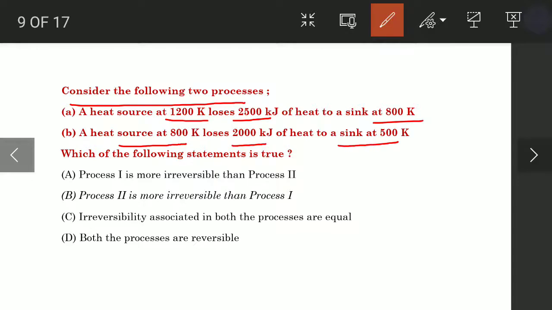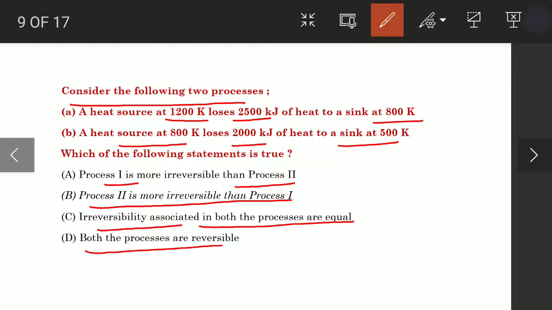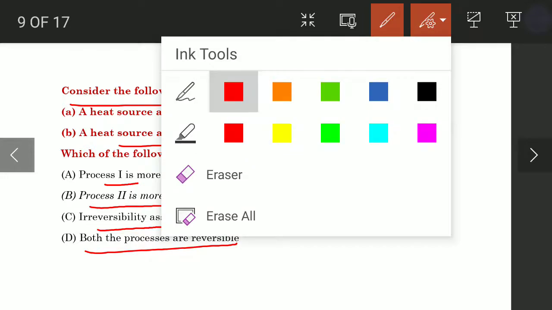Which of the following statements is true? Process 1 is more irreversible than process 2. Process 2 is more irreversible than process 1. Irreversibility associated with both processes is equal. Both processes are reversible.